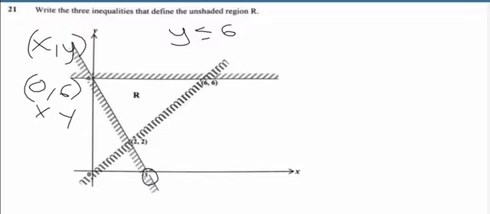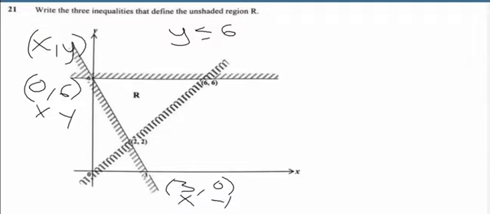Then this one is cutting at 3 in the x-axis. Now in the x-axis, y is equal to 0. So it is (3, 0). Even here, the first is the value for x and the second is the value for y.